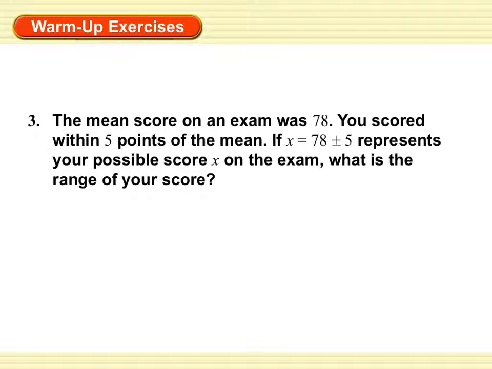The mean score on an exam was 78. You scored within 5 points of the mean. If x equals 78 plus or minus 5 represents your possible score on the exam, what is the range of your score? Well, 78 is going to be in the middle, and minus 5 and plus 5.